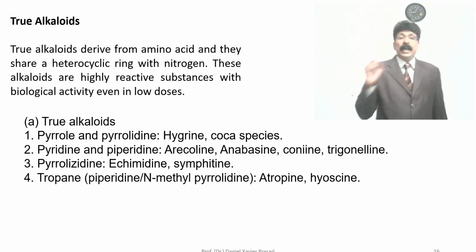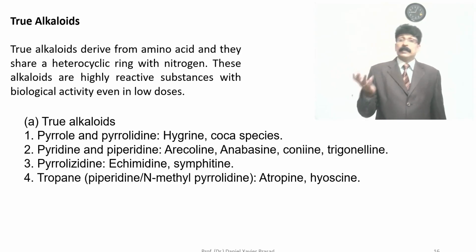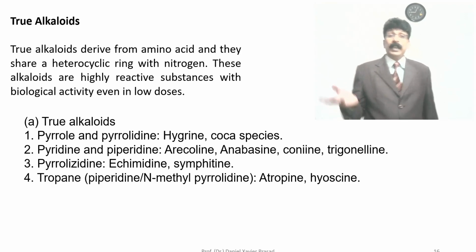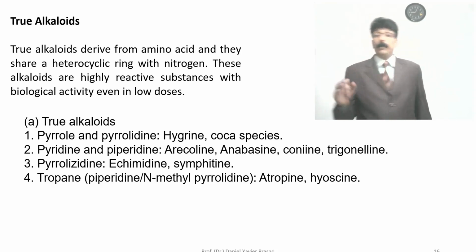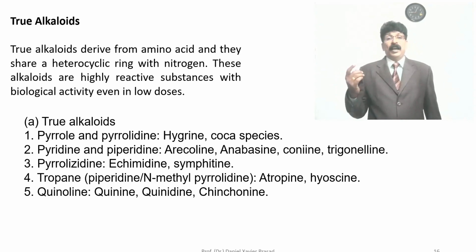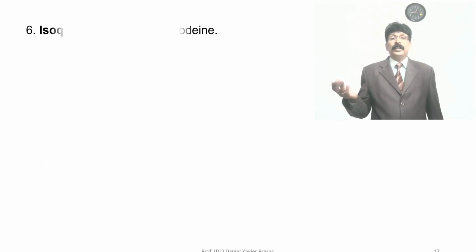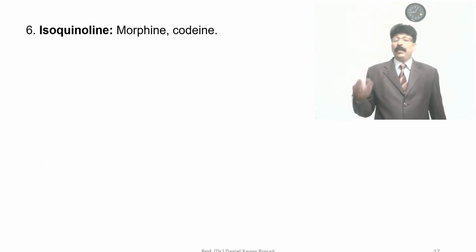And tropane alkaloids, whose chemical structure is piperidine, a 5-membered ring and a 6-membered ring, totally a 7-membered ring structure will be there in tropane alkaloids, N-methylpyrrolidine, and that is atropine, hyoscine. And quinoline: quinine, quinidine, cinchonine. Isoquinoline: morphine and codeine are examples.